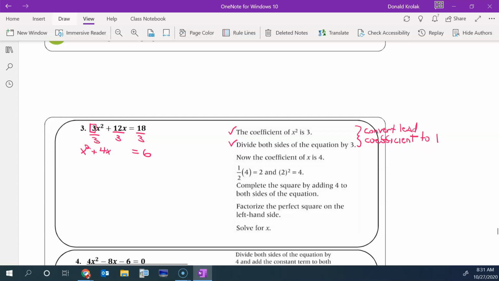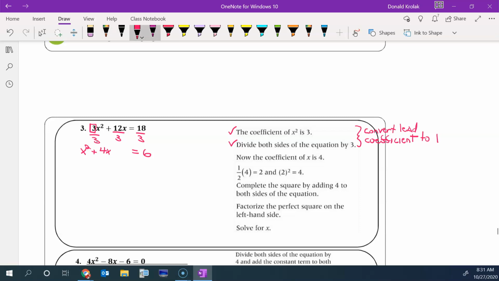Okay, now just some vocabulary here when we're talking about terms. The term with the square on it is your quadratic term, or your squared term. The term that has the x on it is referred to as your linear term.